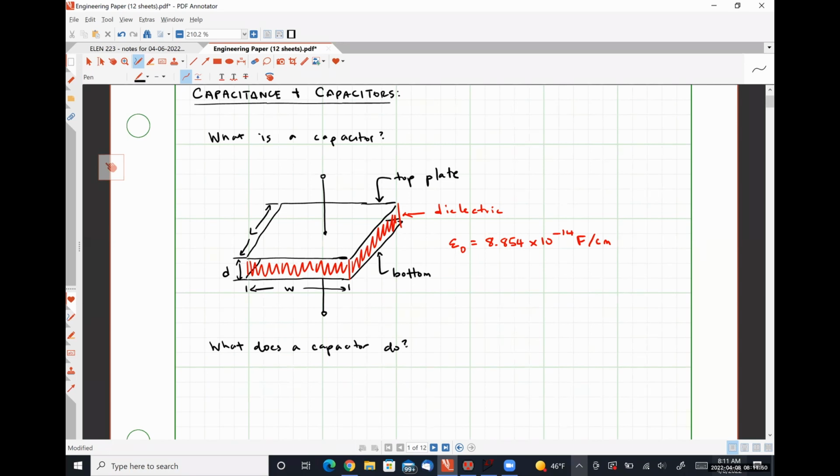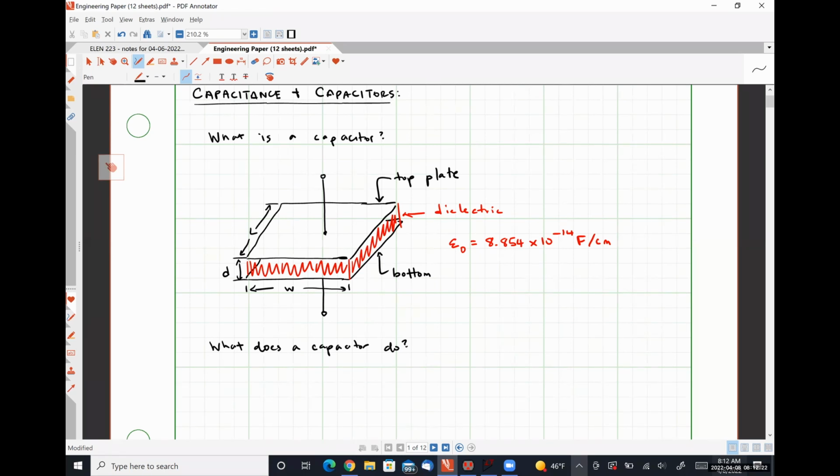So they are fulfilling a very similar role to that of an inductor, but the mechanism by which they store energy is very different. If you recall from Wednesday's lecture, inductors store energy in the form of a magnetic flux that's concentrated inside of the coil. Well, capacitors store energy due to a concentrated electric field between the plates.